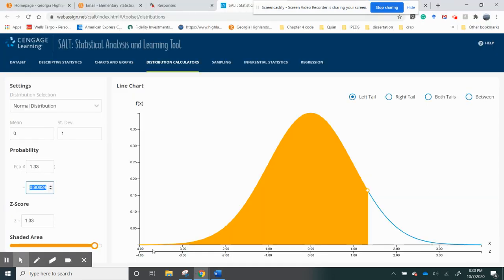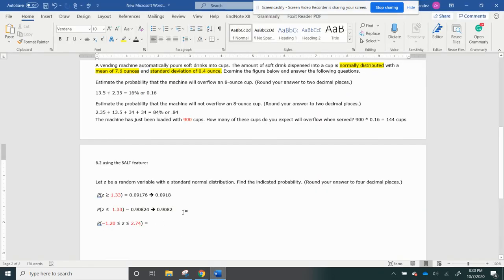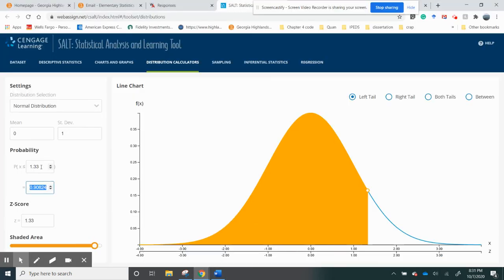Let's do this one just to make sure everybody's getting it. Let's do Z is less than or equal to negative 0.50. I want to show a negative. First thing I need to do is make sure I do left tails. Why do I do left tails?